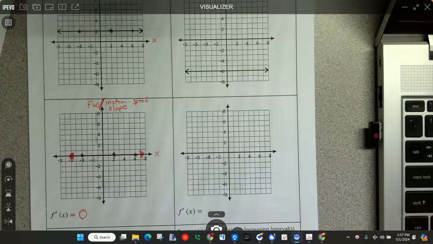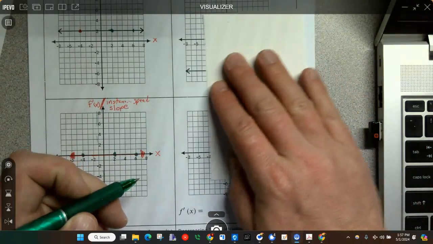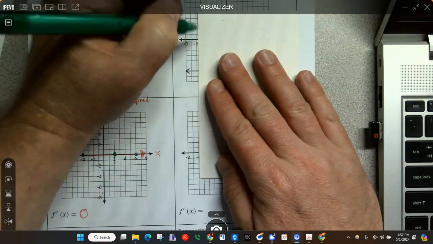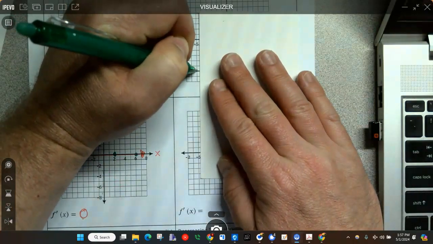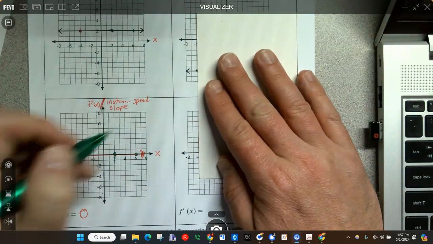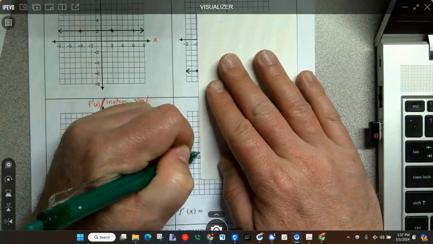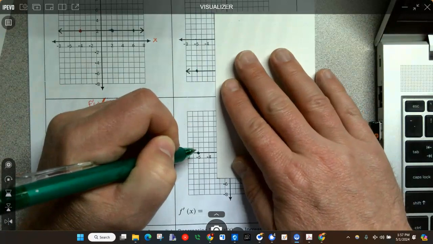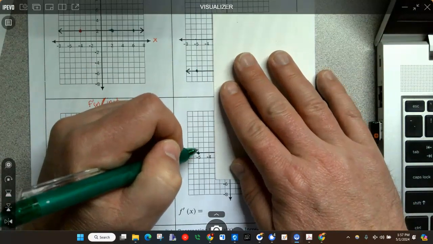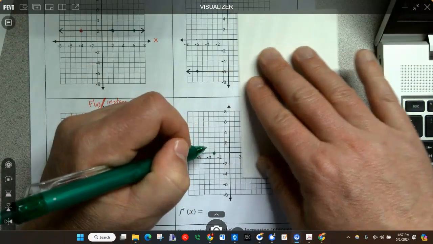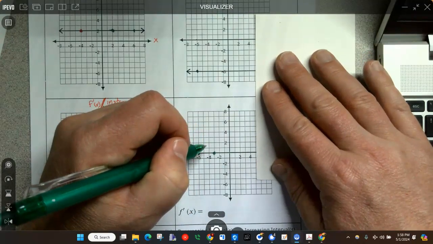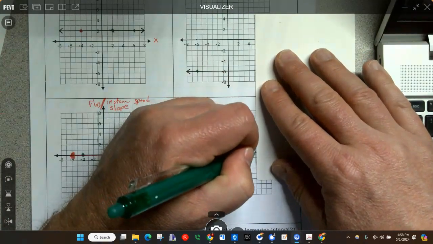Doesn't matter which ones you pick. Slope at that point, again, is 0. Slope at -3, again 0. And slope at +5, maybe, again 0.